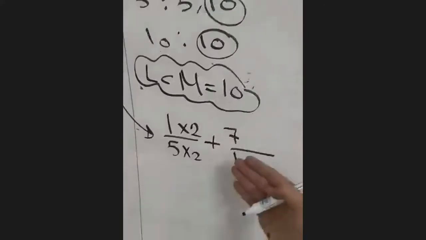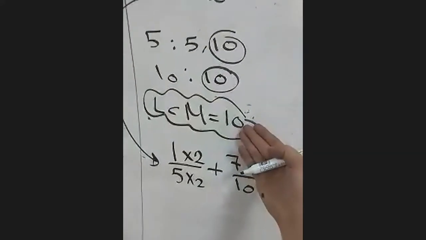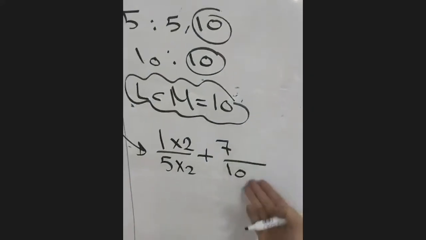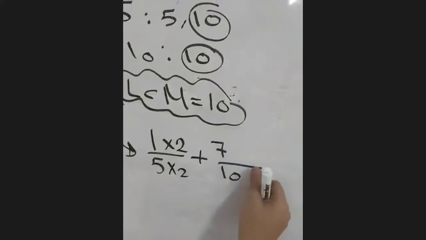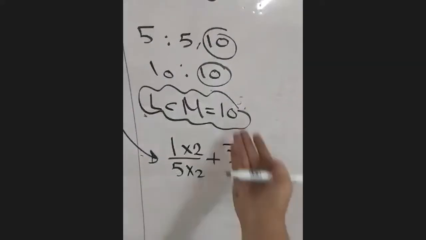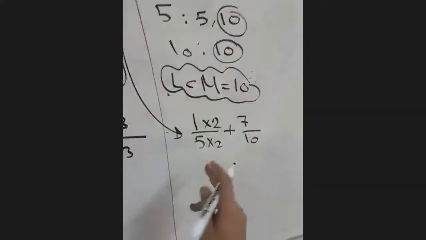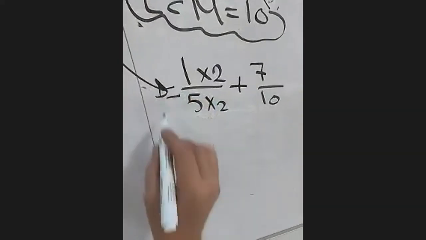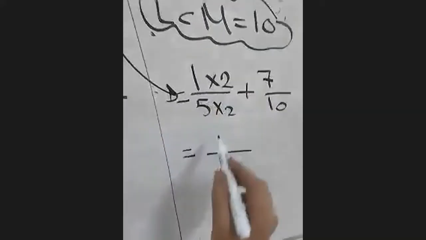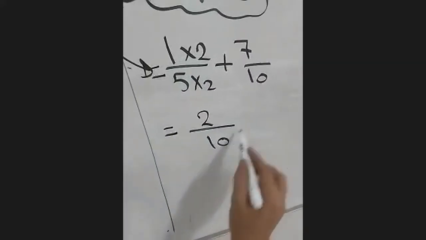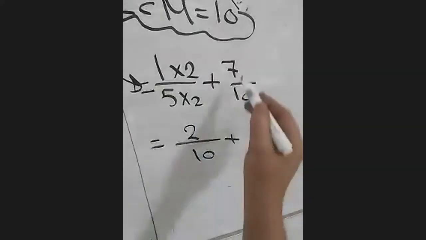Now how does the 10 become 10? By multiplying with 1. And if you multiply by 1, it's still the same. So no need to multiply. It's already the least common multiple. Now simplify these two multiplications here. 1 by 2, 2. 5 by 2, 10. And this stays the same.